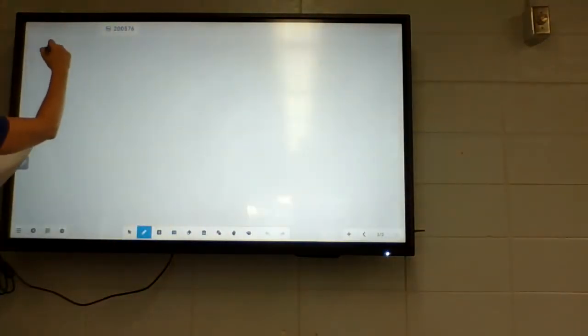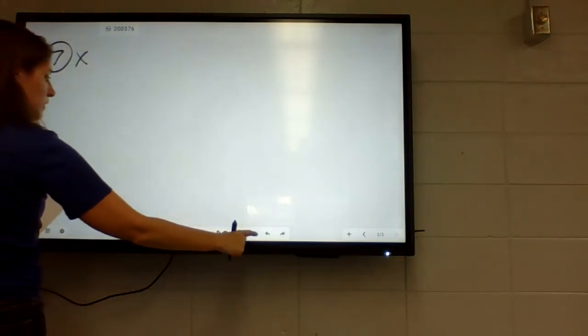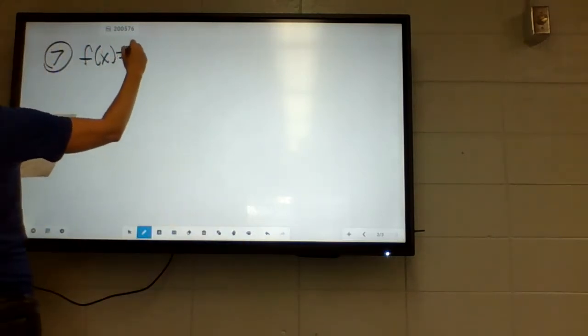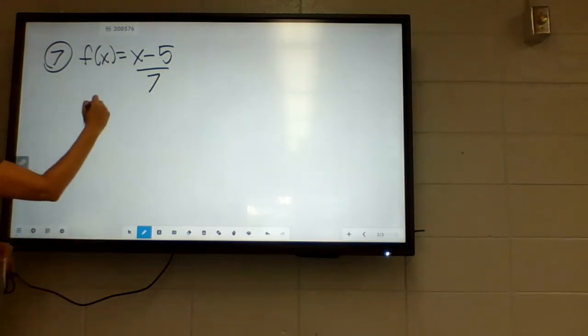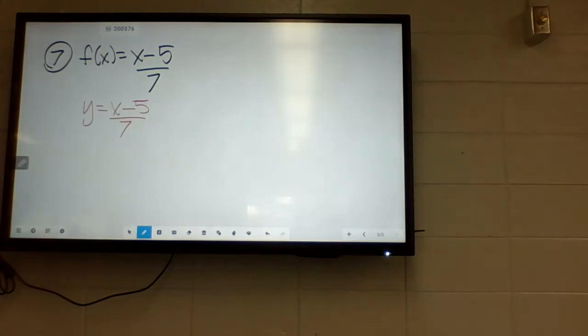All right, number 7, they want us to find the inverse. All right, so our first step is to put a y where the f of x is, and then flip them. So we're going to flip where the x and y is.